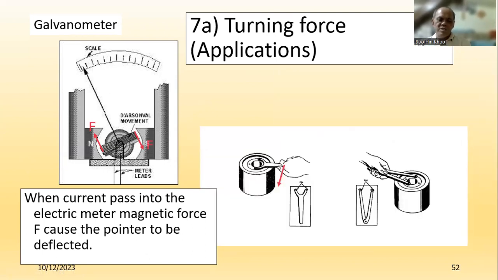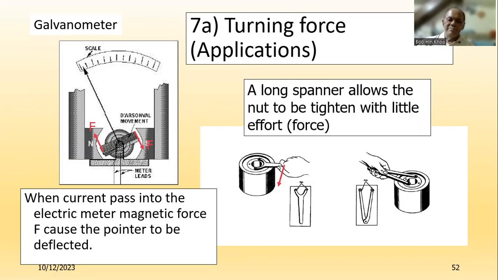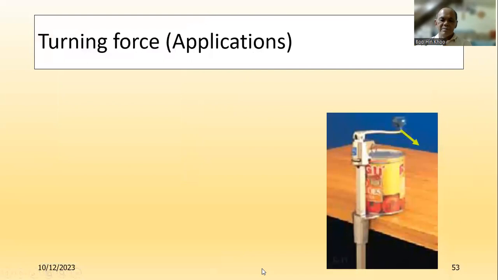Here are our uses of F. Can opener, tighten the nut, tighten the screw. A long spanner allows a nut to be tightened with little effort. There's your force by the hand. For this one, easier. Using a long handle, apply a force, cause it to rotate.